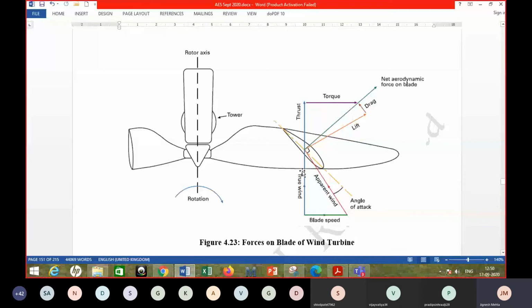Now the true wind is flowing perpendicular to, or it is parallel to this axis, right? Parallel to the axis, or it is perpendicular to the plane of rotation of the blade. Now, because the blade is rotating at a certain speed or velocity, so this is the blade speed, right?